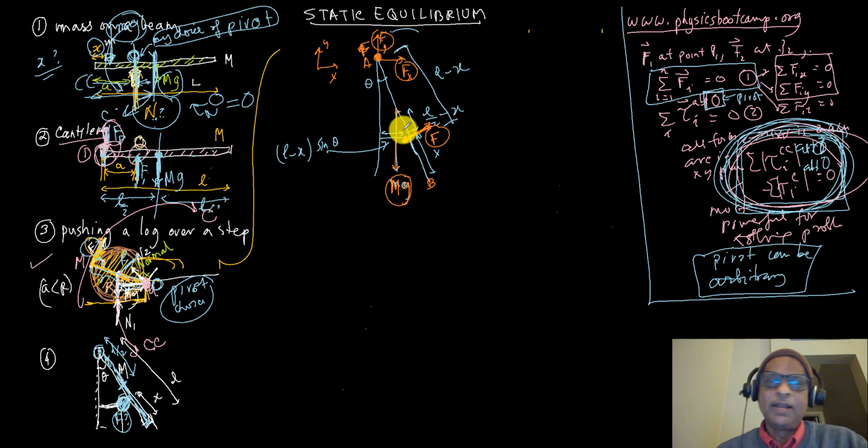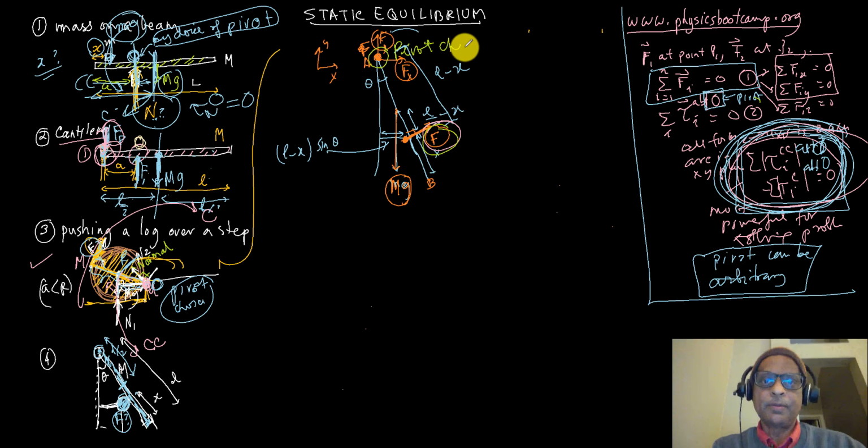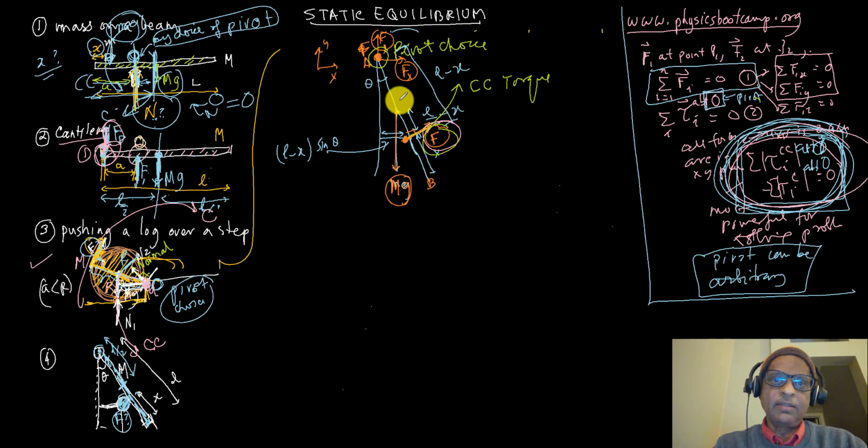Okay, so how do we find this? That's the one we need to find, right? If we use force equations, we get too many equations. If we take this as a pivot, then you can see that this force is going to be a counterclockwise torque, and this force will be the clockwise torque.